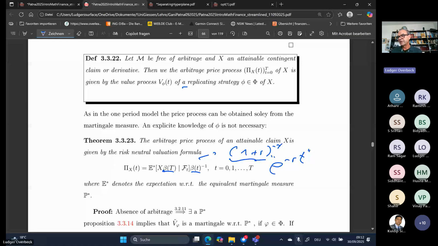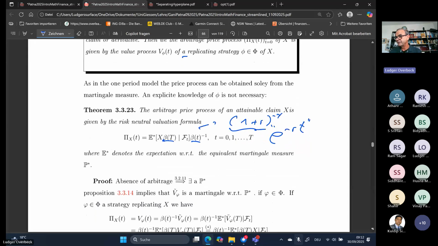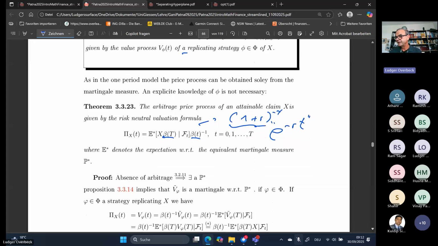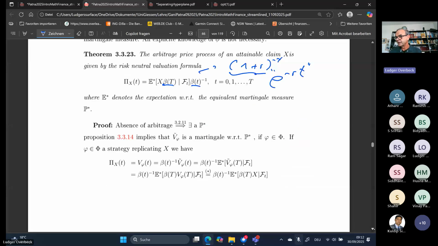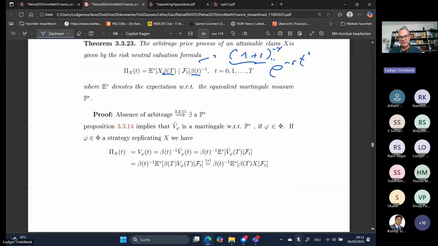And so then this is a fair price. It's a unique price. It's also the same for each martingale measure, because it's a replicating price. And so you can calculate it like this. This means if you have a model and a claim, what people do in practice, even if you don't know whether it's replicable or not, is just take one martingale measure and calculate this price.